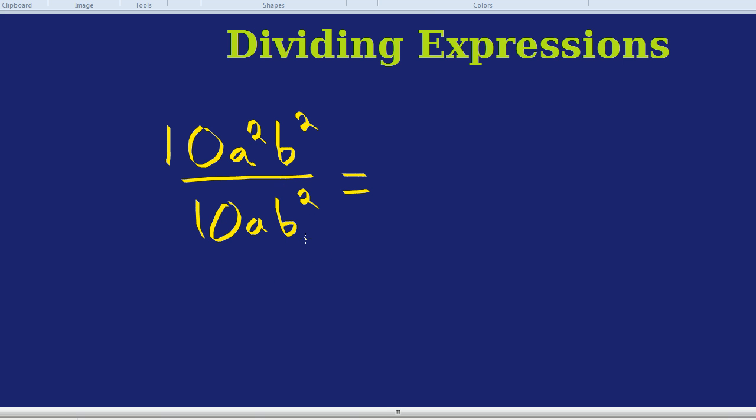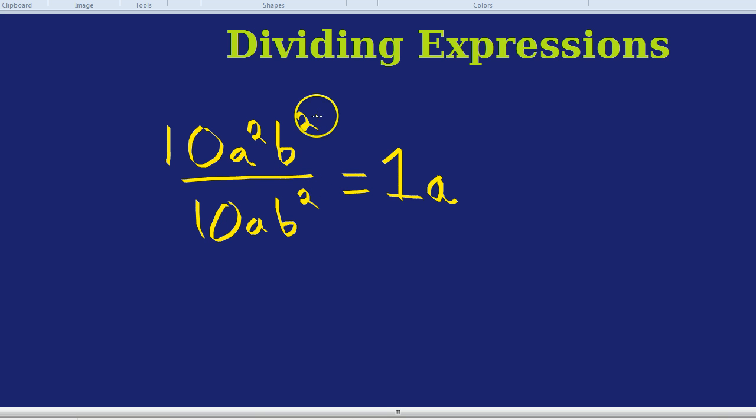A million divided by a million is 1. 10 divided by 10 is just 1. a squared divided by a is, well, a is the same as a to the 1, and a squared, take away a to the 1, would just be a to the 1, which is a.